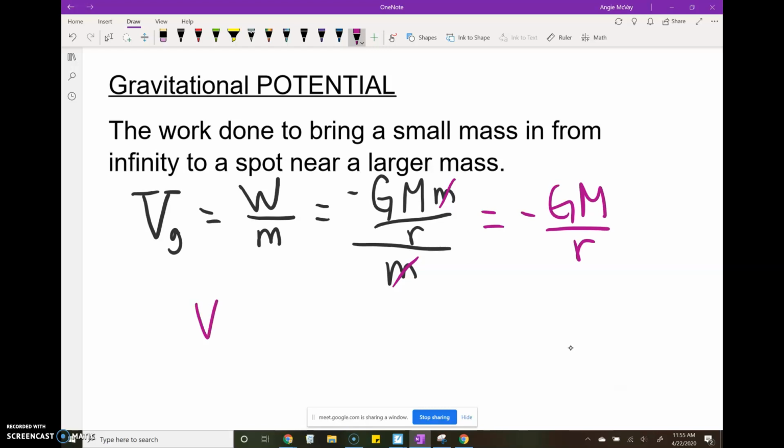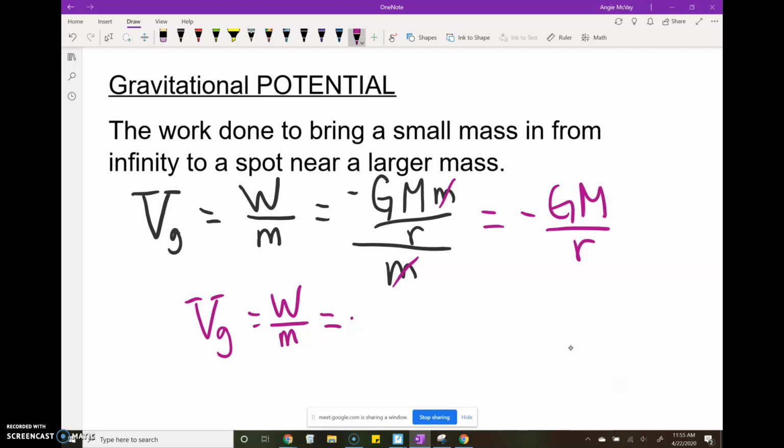So again, gravitational potential is the work done per kilogram of mass. It's a ratio that we can use to predict how much work would be done on a specific amount of mass.